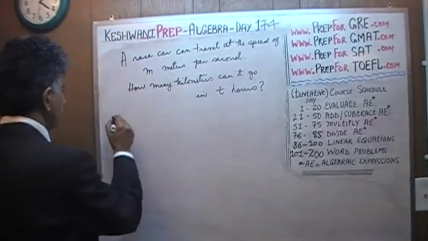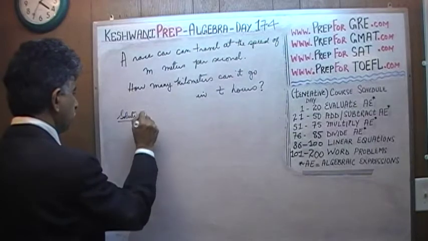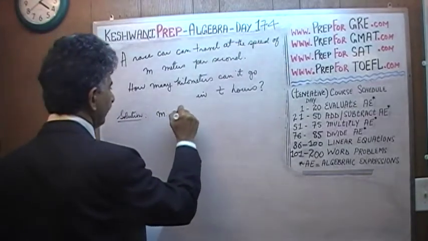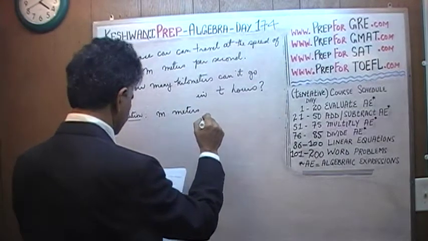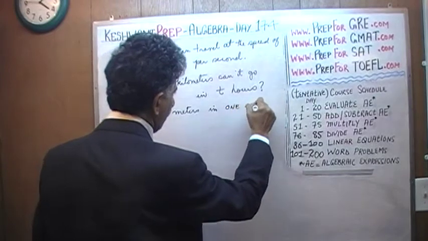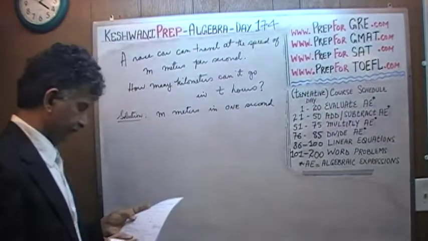Here's the answer, here's the solution. We know that we're going m meters in 1 second. We are told m meters per second.